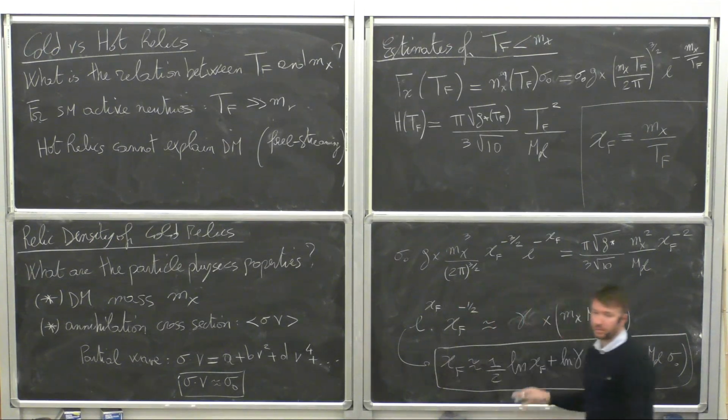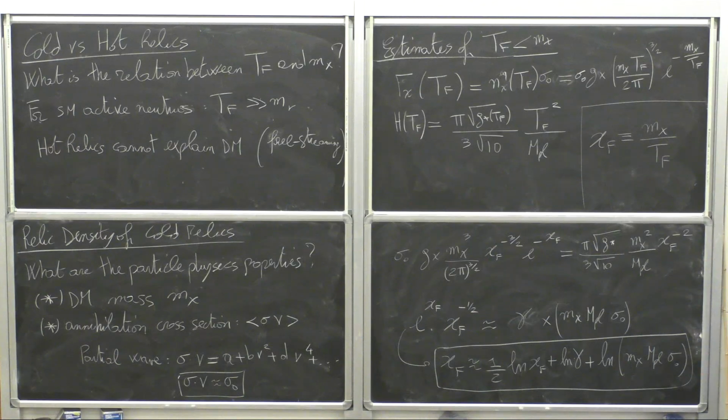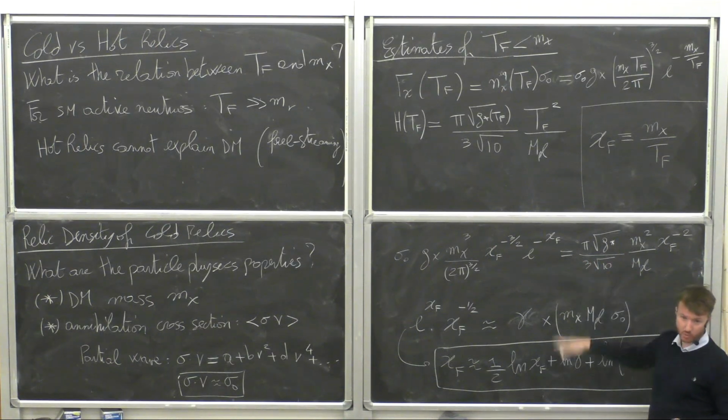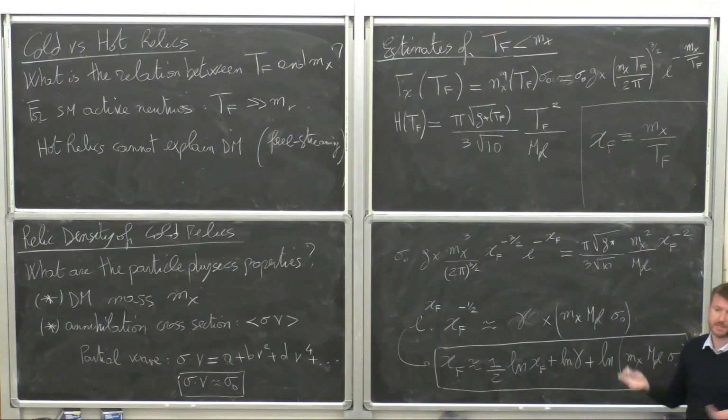So far I haven't made any approximation. I just took this one and worked through it. Imagine that gamma is something that I can identify. Now, I could solve this either by iteration, or I can try to see this, because this gamma is not a huge number. Once I take the log, it will not be something that bothers me a lot. But this one is some interesting dimensionless combination.